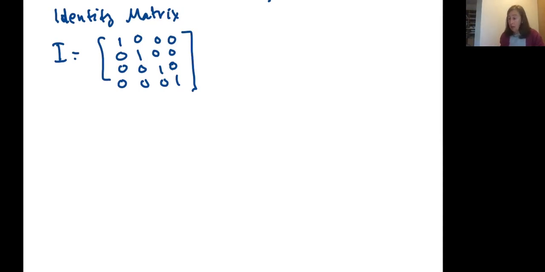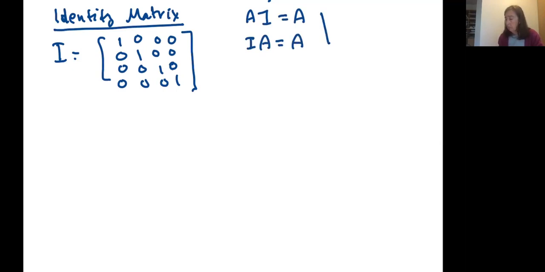The great thing about the identity matrix is, like the number 1, if we pre or post multiply any other matrix by it, we don't change its value. So A post multiplied by I equals A, and A pre multiplied by I still equals A. This is what makes it the multiplicative identity.